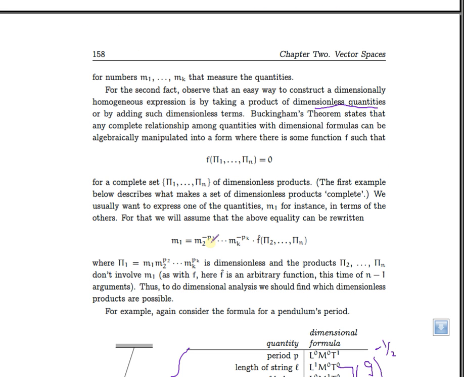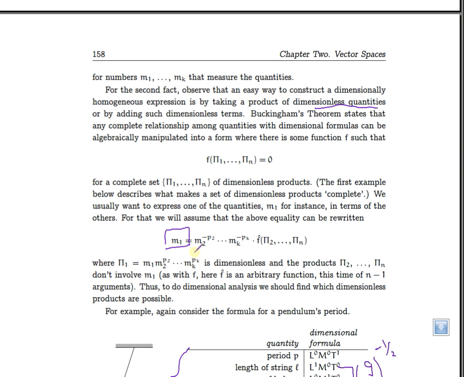So my strategy is I'm going to gather all of my physical quantities. I'm going to try to get as many dimensionless quantities as I can. And then to get a formula for the quantity m1, to make sure that my dimensions work out, notice how it's been written here.